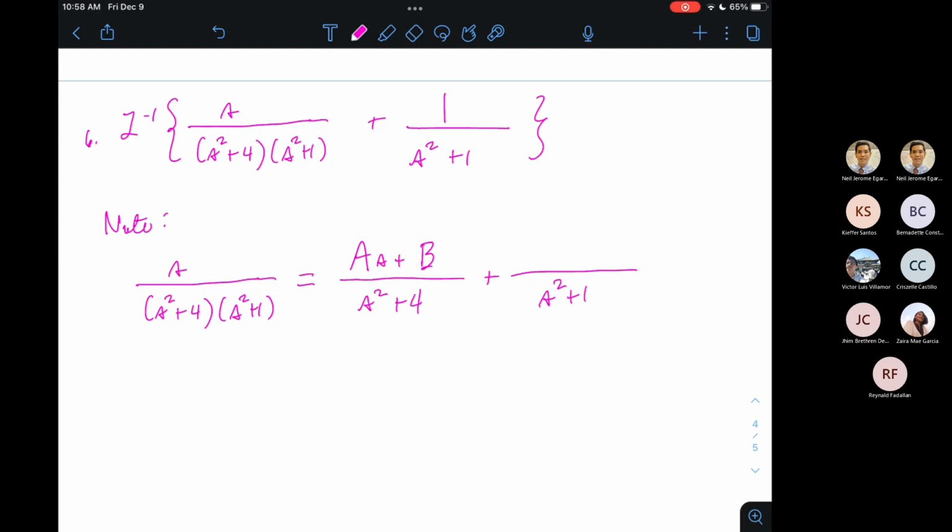So since the denominator is quadratic, the numerator should be linear. Likewise for the second, we'll have cs plus d. Okay. So you really need to look back at how partial fraction decomposition works. There are many more cases. So look at them, even just a quick review. What happens when there is a square there? The right-hand side will look different.